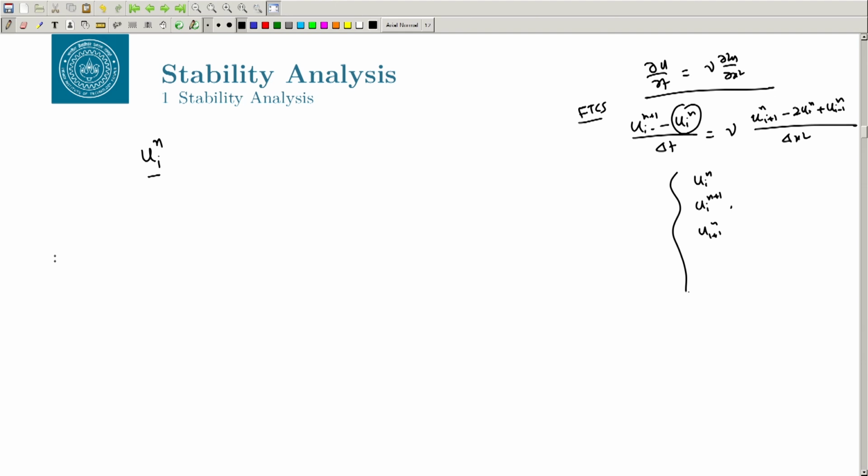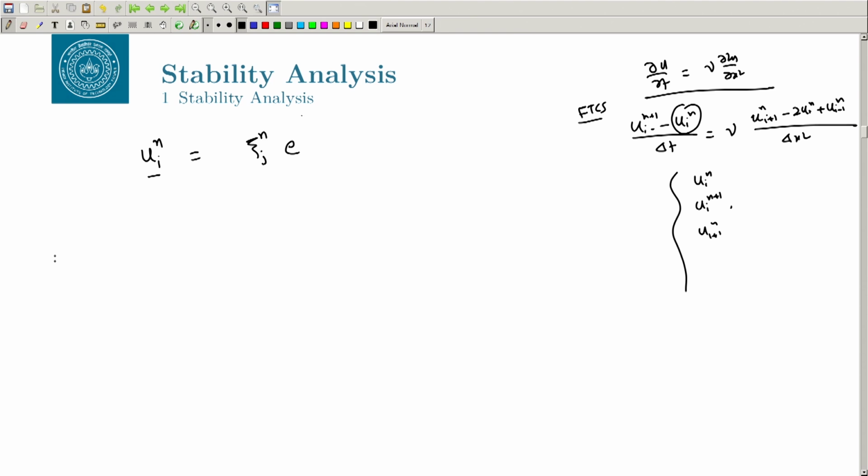You use the Fourier series to represent this. So, u_i^n can be written in terms of the amplitude of this wave, which we will represent as zeta_j^n, and then it will have a certain frequency, or wave number.